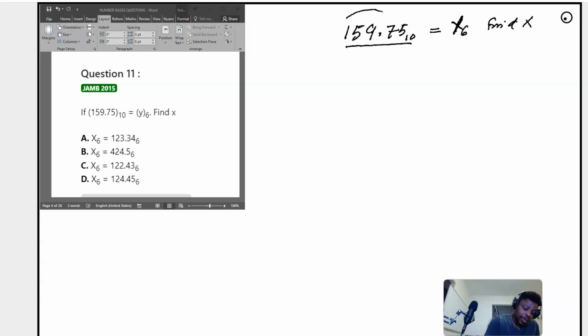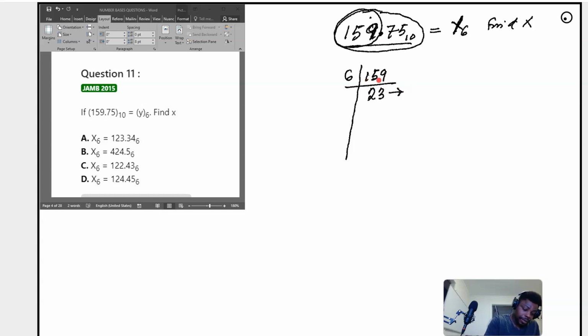Let's convert this one to base 6 so that they can have the same base. But remember, this is a fractional number system that I've explained in my previous video. So let's take the whole number part first, that is 159. Let's convert to base 6.